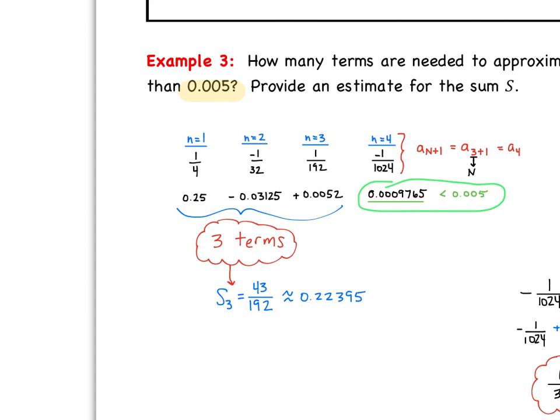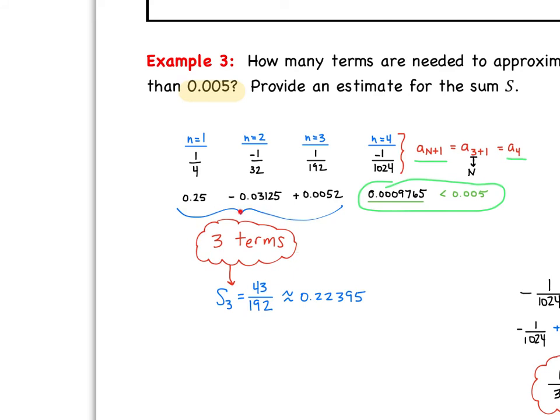This n equals 4, this last term, negative 1 over 1024, is our a sub n plus 1, which is a 4, but n is going to be 3, because 3 plus 1 is where we get 4 from. So the n is 3. So what that means is I'm going to use the third partial sum, S sub 3, to approximate the overall sum of this series.